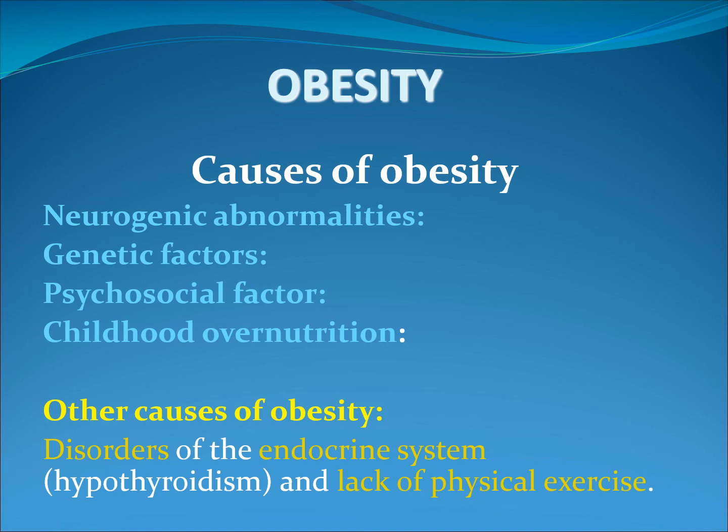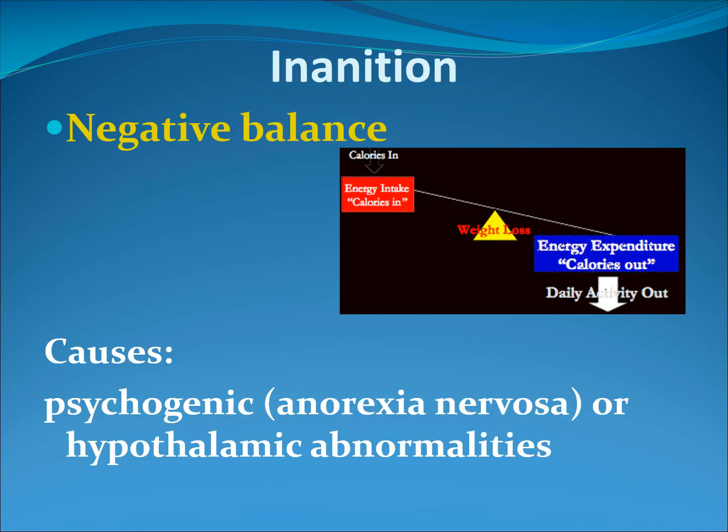Also, with lack of exercise in a healthy person, there is a decrease in the metabolic rate of the body. If these persons are also consuming normal or the same amounts of food, they are also subject to develop obesity.